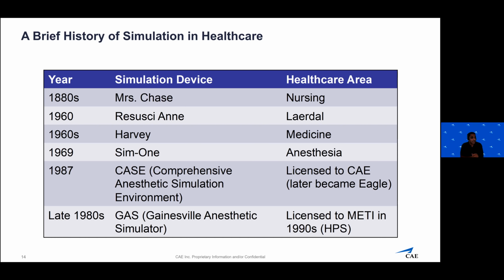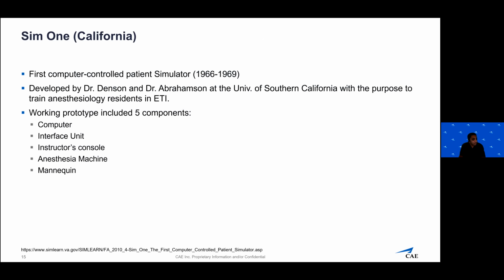And then we really get into 1969, SIM1, the anesthesia model, which we'll talk about in a second, as well as further down in 1987 the CASE, the Comprehensive Anesthetic Simulation Environment, moving into the late 1980s, the Gainesville Anesthesia Simulator, which was ultimately licensed to Embody in the 1990s, which ultimately became what we know today as the HPS simulator.